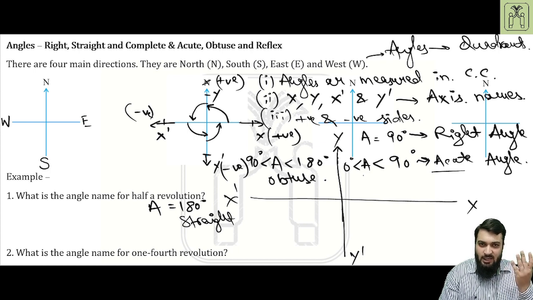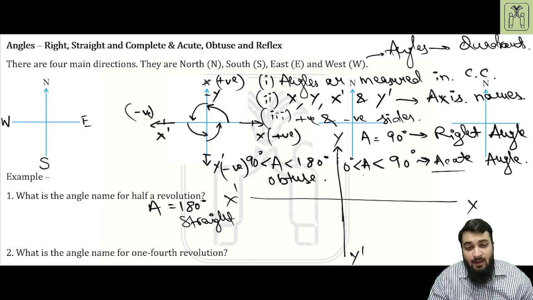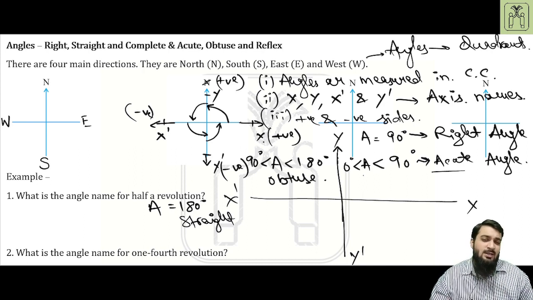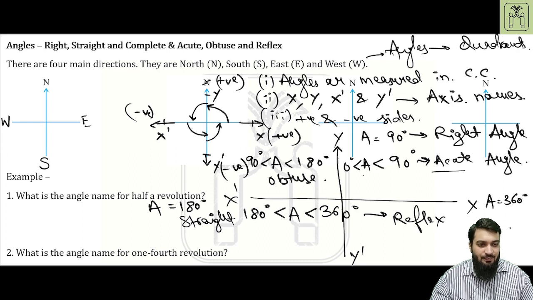These are the four classifications within 0 to 180 degrees. Now the only two definitions which remain are: if the angle is less than 360 but greater than 180, then it will be a reflex angle, and if the angle is equal to 360 degrees, it will be a complete angle.